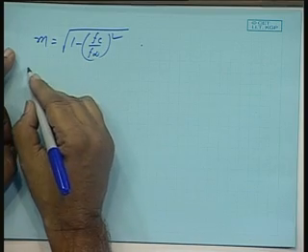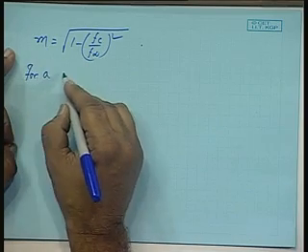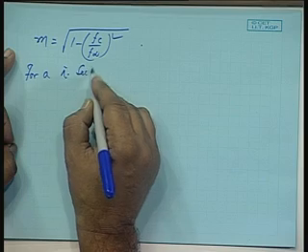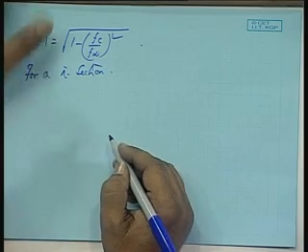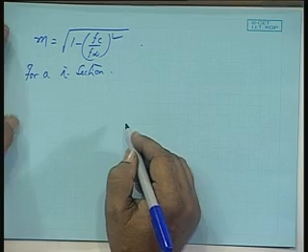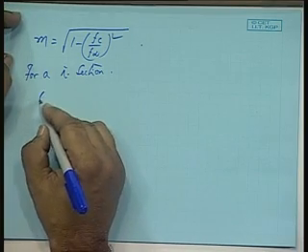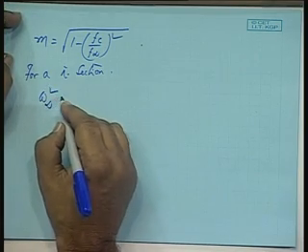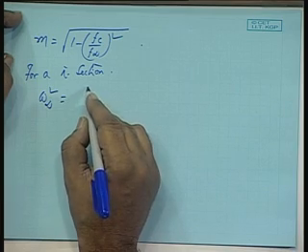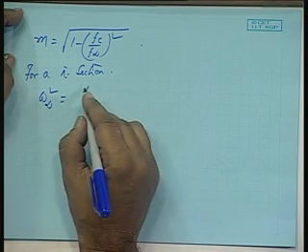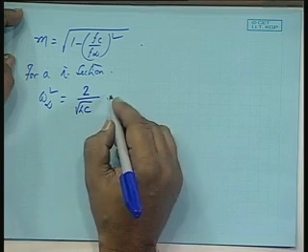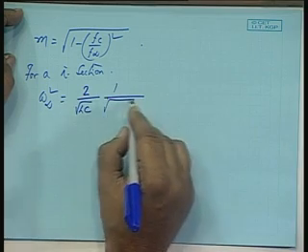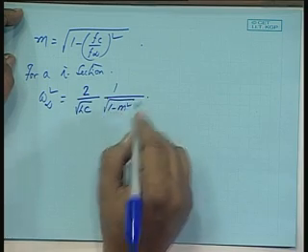For a pi section, therefore, omega infinity squared is 2 by root LC, 1 by 1 minus m squared.